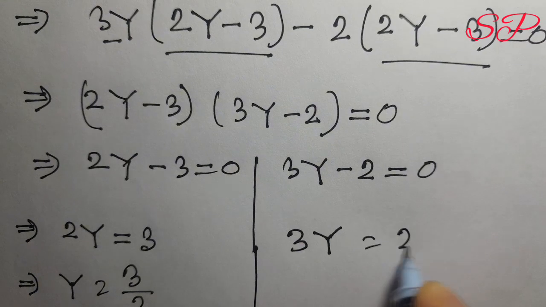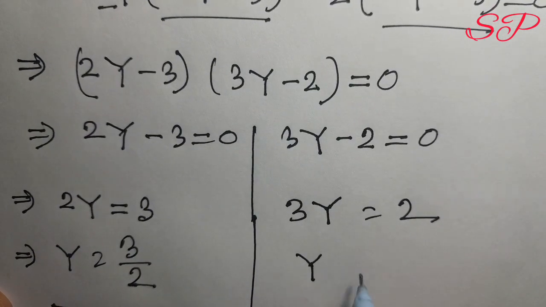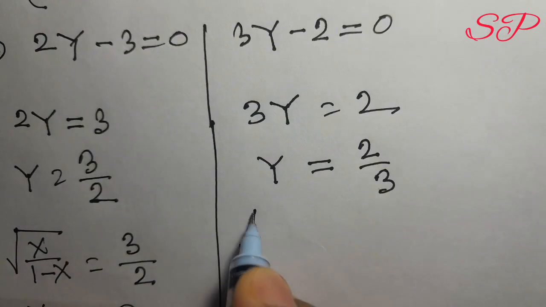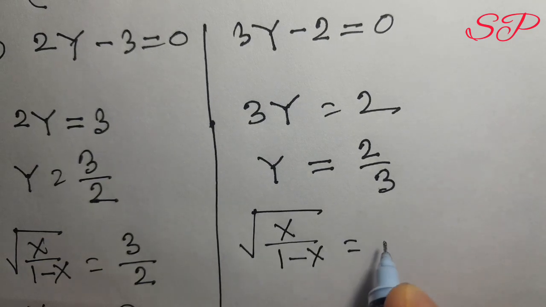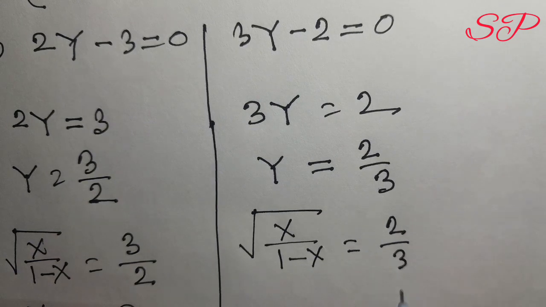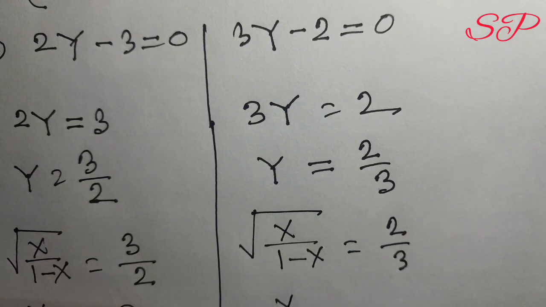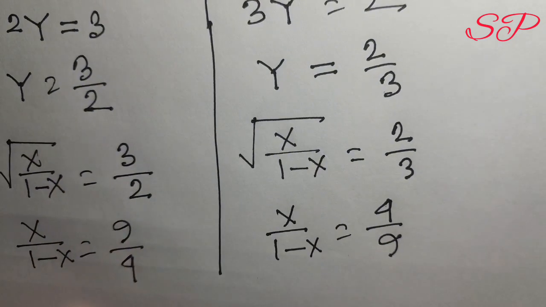Again, 3y is equal to 2, and y is root over x by 1 minus x, equal to 2 by 3. Squaring both sides, we can write x by 1 minus x is 4 by 9.